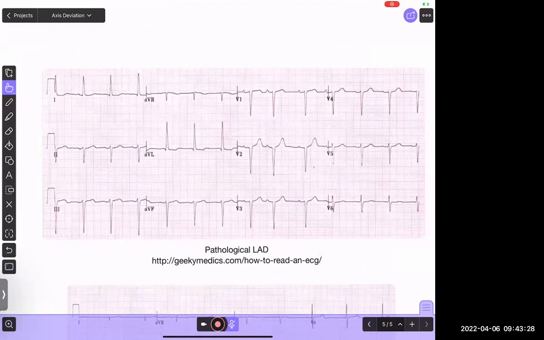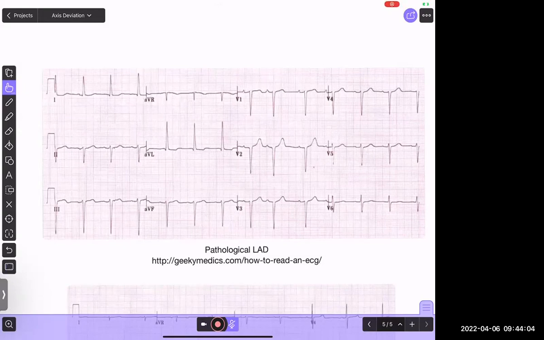Remember, looking again at lead 1, which way is our QRS going? It's positively deflected. So we have a positively deflected QRS in lead 1. And what about AVF? Negative. Yeah, you have a negative deflection in lead AVF. Again, this tells us that the impulse is moving towards the positive pole of lead 1, but away from the positive pole of AVF.